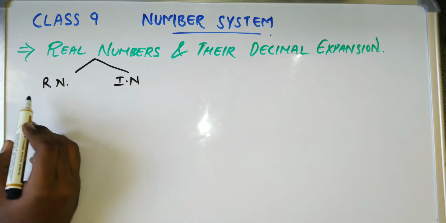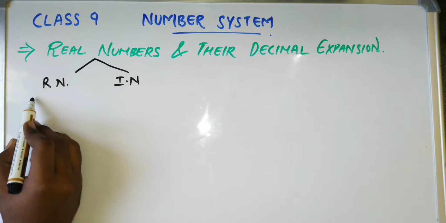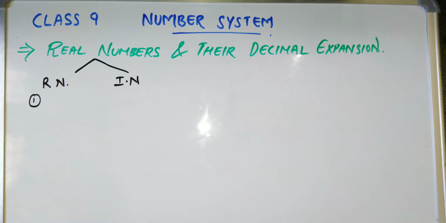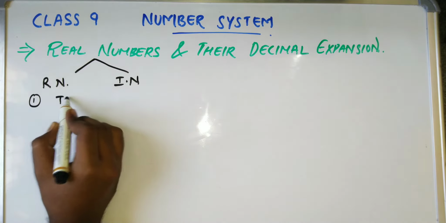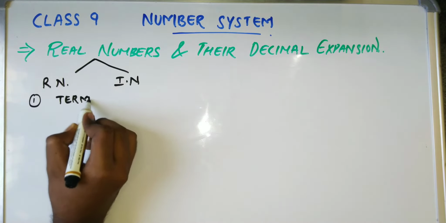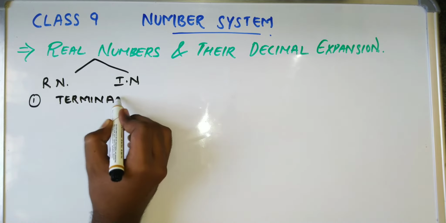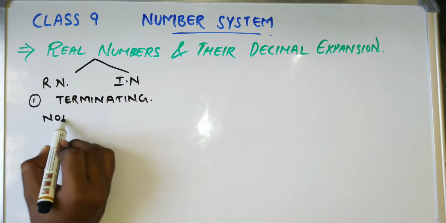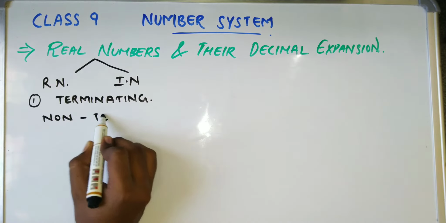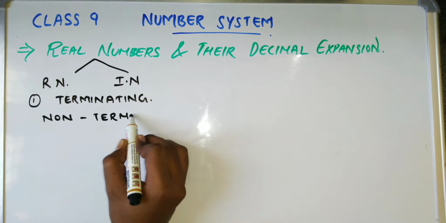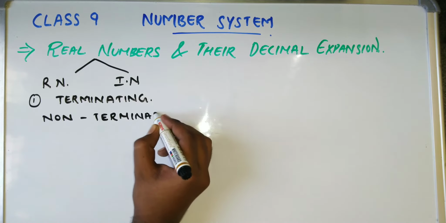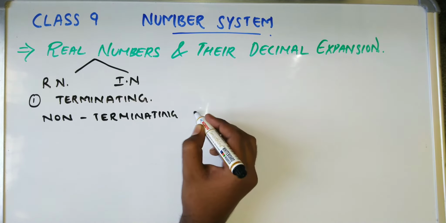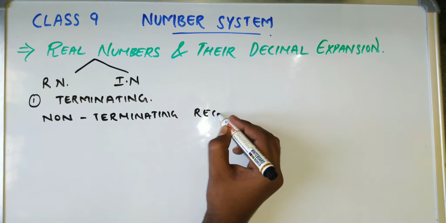So basically, for rational numbers, we have different types of decimal expansion. There are two most important decimal expansions: one is terminating and another one is non-terminating repeating, or we can say recurring, in other words repeating.